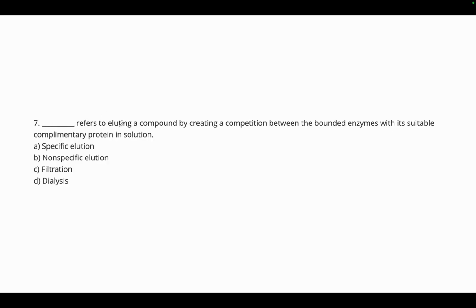So dash refers to eluting a compound by creating competition between the bound enzymes with a suitable complementary protein in solution. So when we're doing competitive elution, that is specifically going to elute all our bound molecules. So it is specific elution, right? Non-specific elution would be using other methods such as changing the pH, changing the ionic strength or something like that.